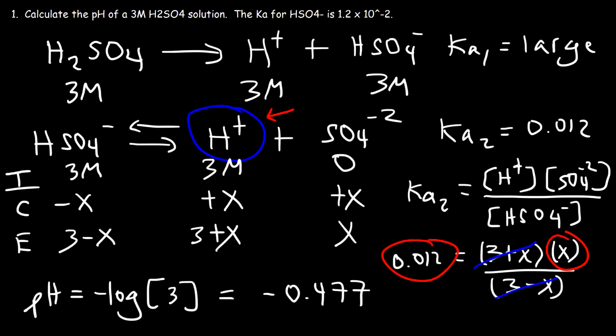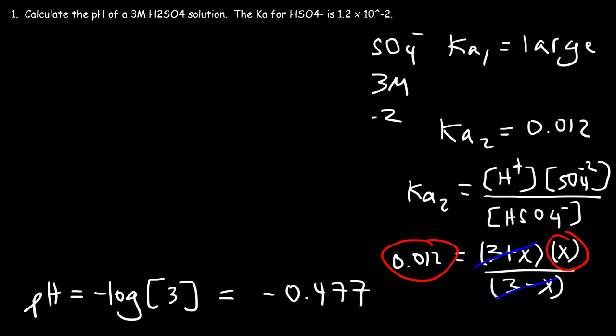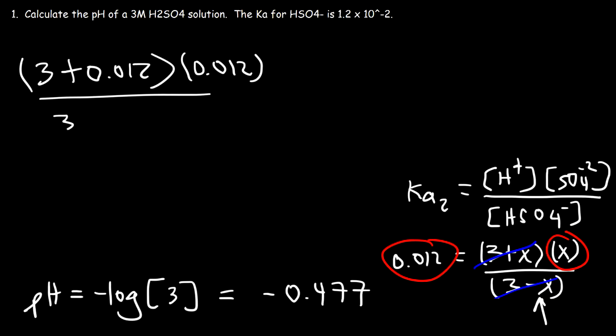And keep in mind, that is simply an approximation. But now, to check to see if our approximation makes sense, we can plug it back in. So let's plug it into this expression, and let's see if we get a number that's close to 0.012. So it's going to be 3 plus 0.012, that's 3 plus X, times X, divided by 3 minus X, or 3 minus 0.012.